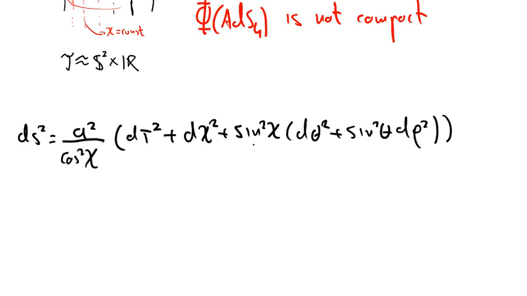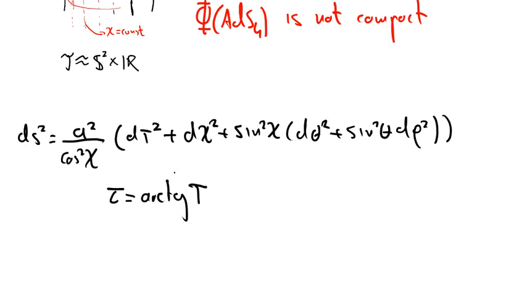So this is our expression for the metric, and if we just introduce... the problem here is that t doesn't vary within the interior of a compact set, so we just have to introduce another time coordinate to solve that problem. It's not very difficult, as you can see.